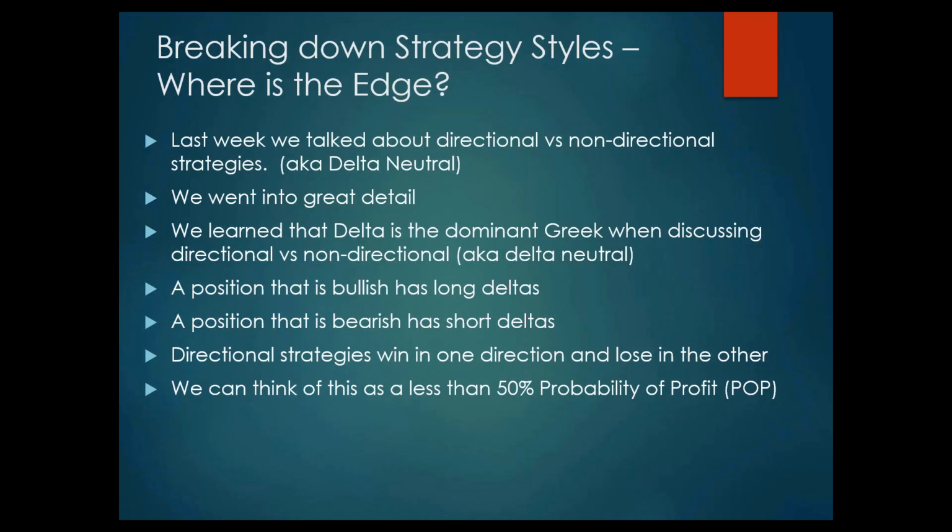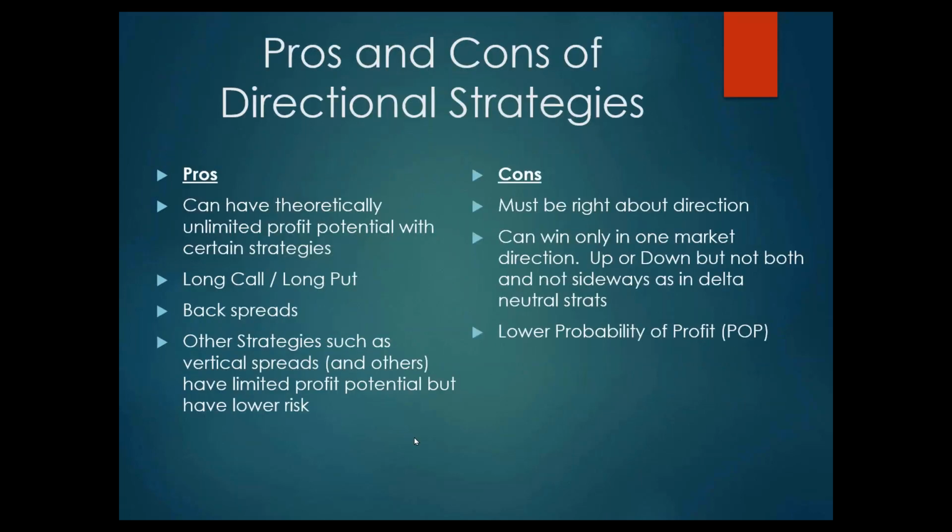And, you know, there are directional strategies that I've taught you here in these webinars, but for the most part, this is the case, unless you use one of the more advanced techniques that I teach here at OptionSlam.com. So let's move on. Pros and cons.